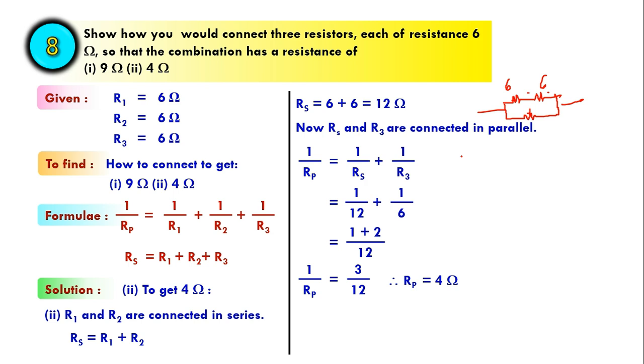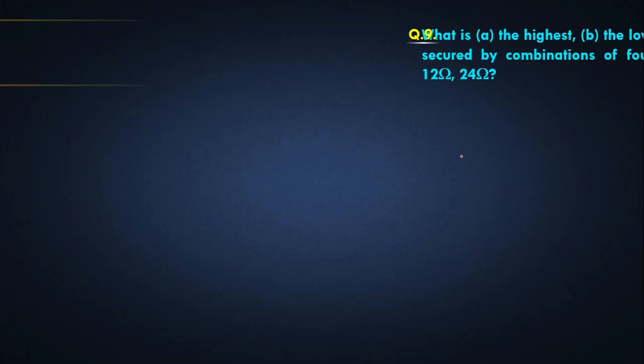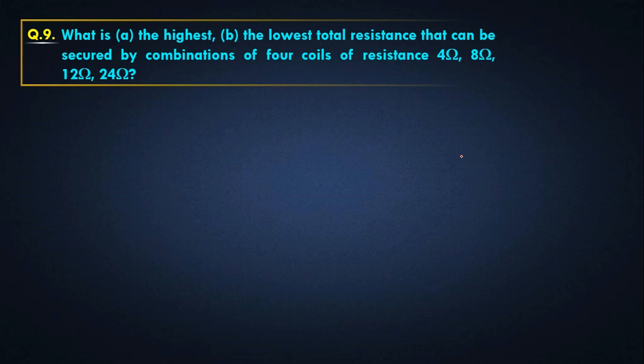Is it right? So in this way, we have to connect the resistors to get 9 ohms as well as 4 ohms. So what are the highest and the lowest total resistance that can be secured by the combination of the four coils of resistors? Highest is only possible when they are connected in series: 4 plus 8 plus 12 plus 24. Is it right?